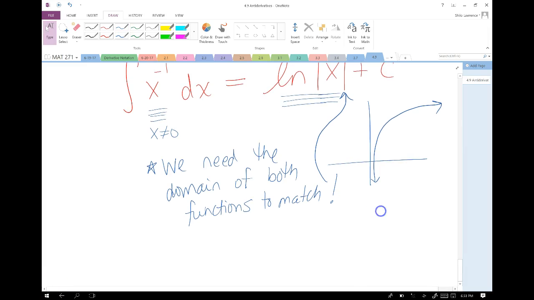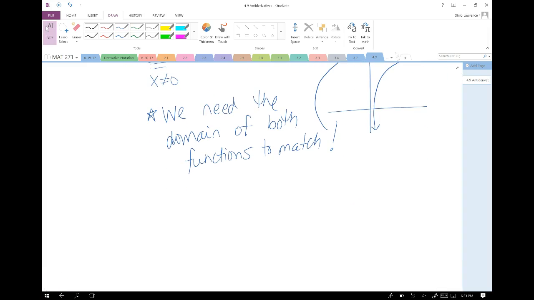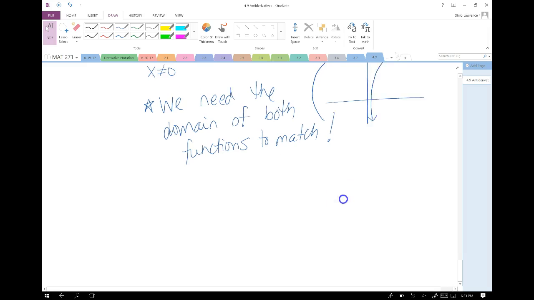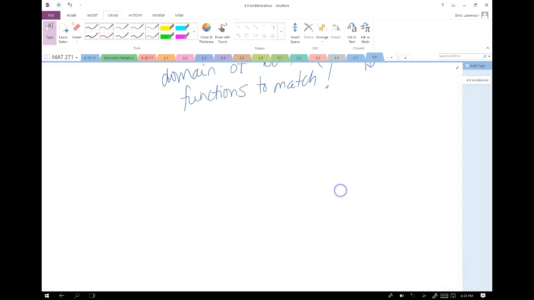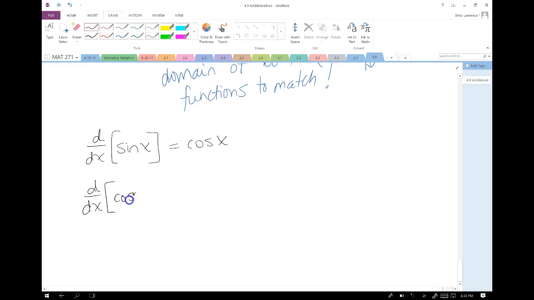And for section 4.9, we don't want to forget about all of the trig that we've learned. So first, let me write these as derivatives. We said the derivative for sine of x is cosine of x. The derivative for cosine of x is negative sine of x.